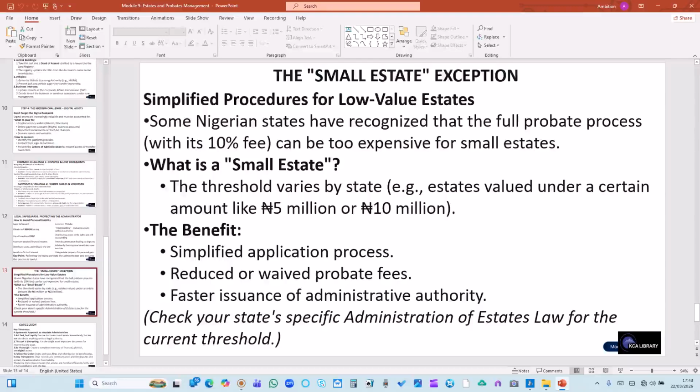For example, an estate value under a certain amount like 5 million or 10 million is regarded as a small estate. The benefit is a simplified application process. It reduces or waives probate fees, and it gives faster issuance of administrative authority. So check your state-specific administration of estate law for the current threshold.